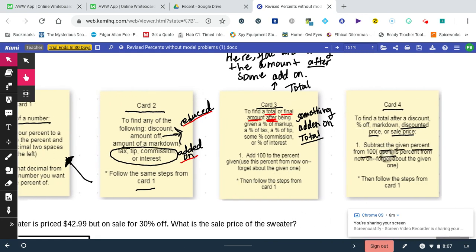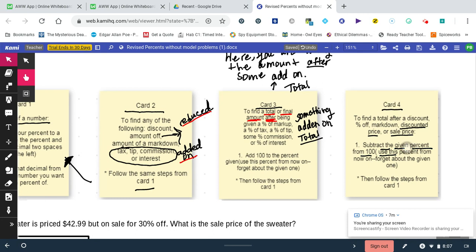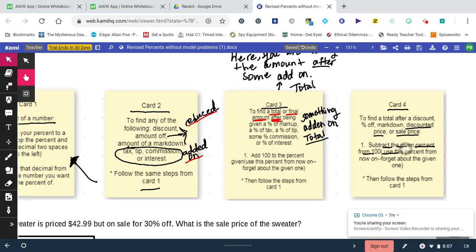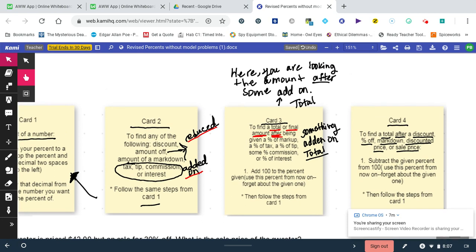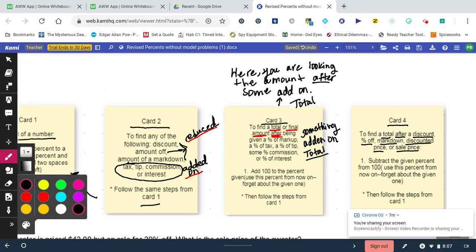All right, going back to card 4. I didn't mean to do that. Let me go back to undo so I can get it back to where it was. Okay. All right, so if you go back to card 4, card 4 kind of looks like card 2 as well because they share some of the same words.